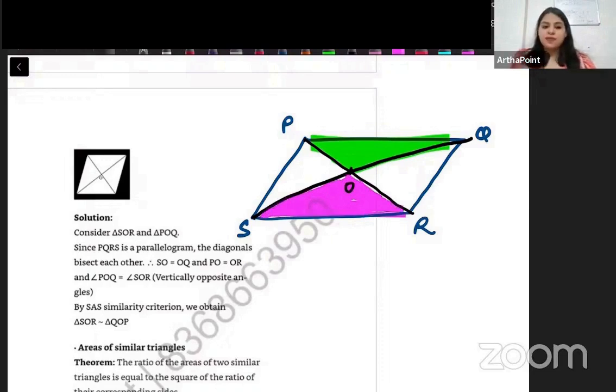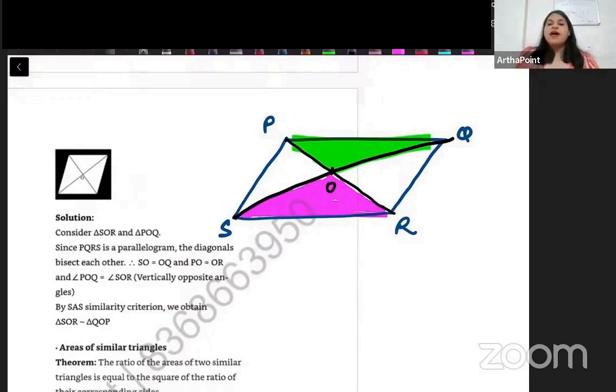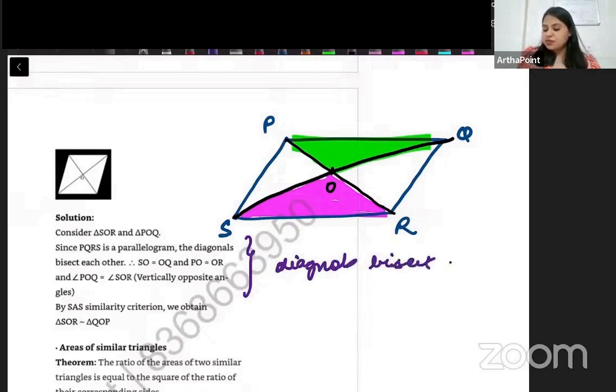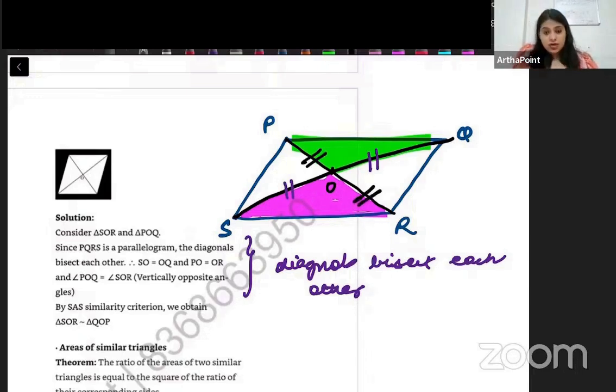बड़ा ही आसान है proof करना. This is a parallelogram. Property of a parallelogram, please write down, that diagonals bisect each other. Diagonals bisect each other. That means, beta, SO is equal to OQ. Beta, PO is equal to OR. And this is a parallelogram. So opposite sides we know, right?